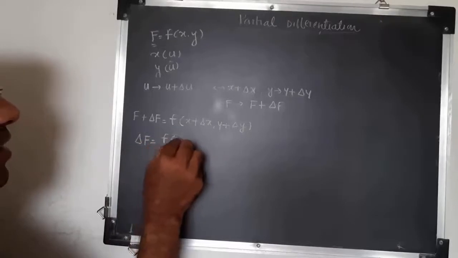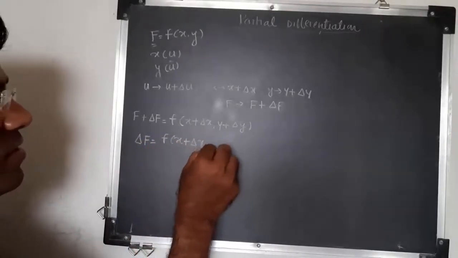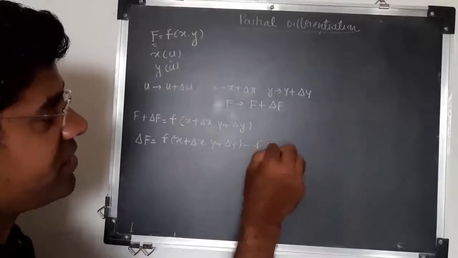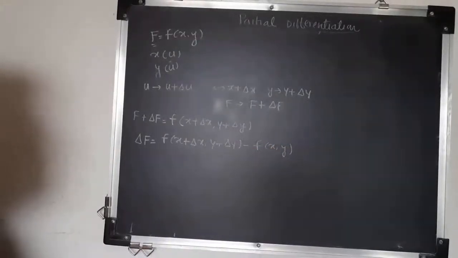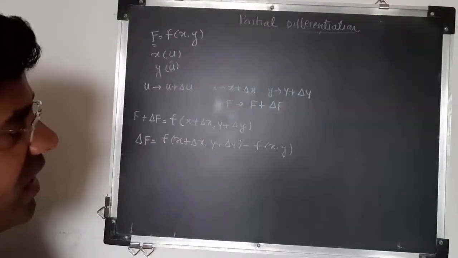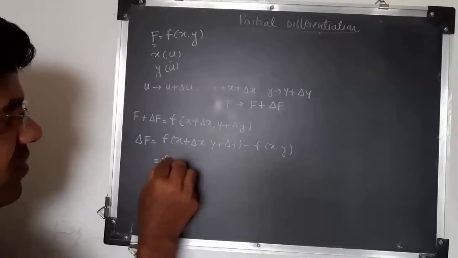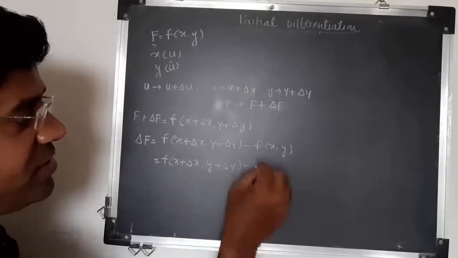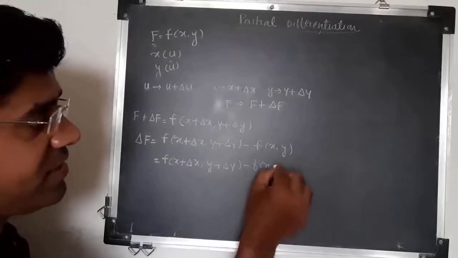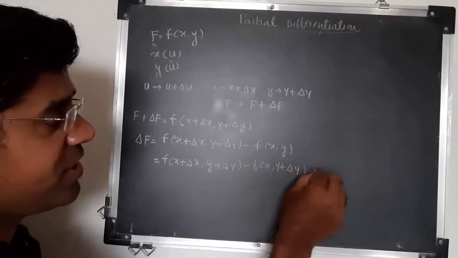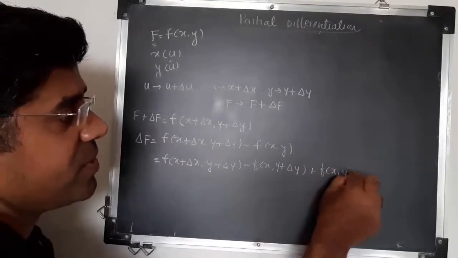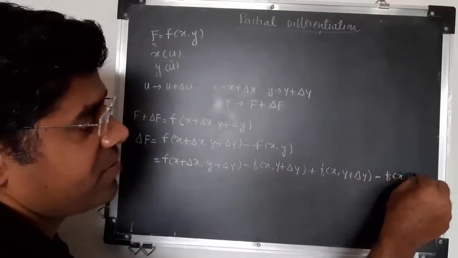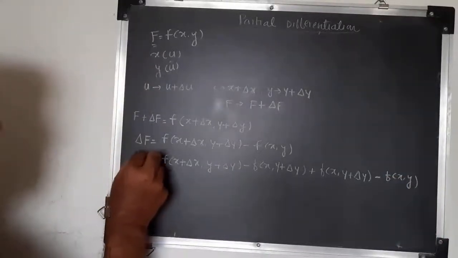So this is f of x plus delta x comma y plus delta y, minus f of x, y plus delta y, so y is automatically cancelled, plus f of x, y plus delta y, I will add one term, same term, okay, it is cancelled and you will get the original term, minus f of x, y. Okay, so here is your delta f.